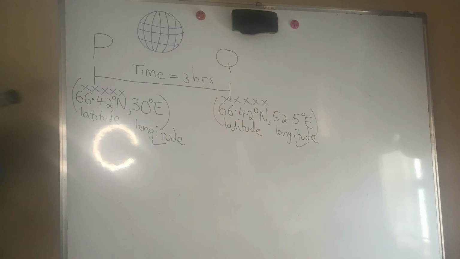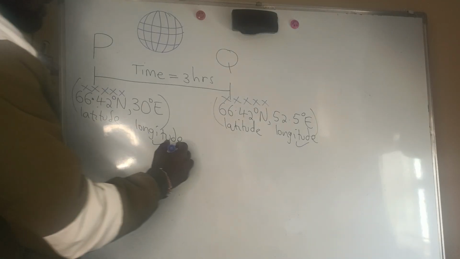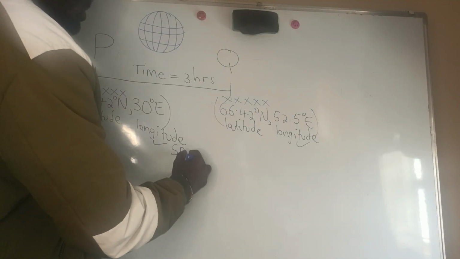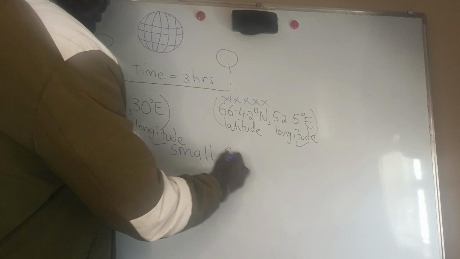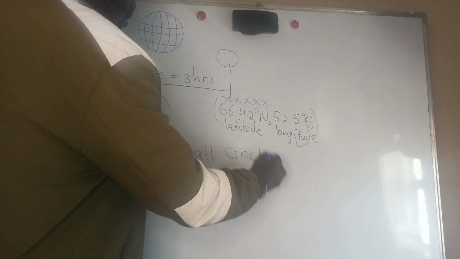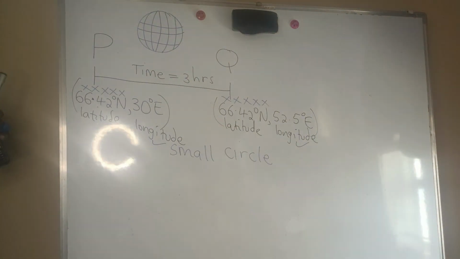So those 2 points P and Q are on the same latitude but on different longitudes. Points found on the same latitude will always be treated as points on a small circle.